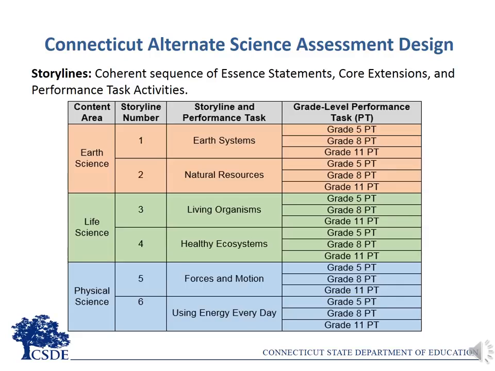These activities ask students to make sense of real-world phenomena and/or engage with an engineering design problem, such as what causes a pond to become polluted, or how forces affect the motion of a skateboarder. Trained teachers will rate student performance on each activity associated with each core extension using a scoring worksheet.